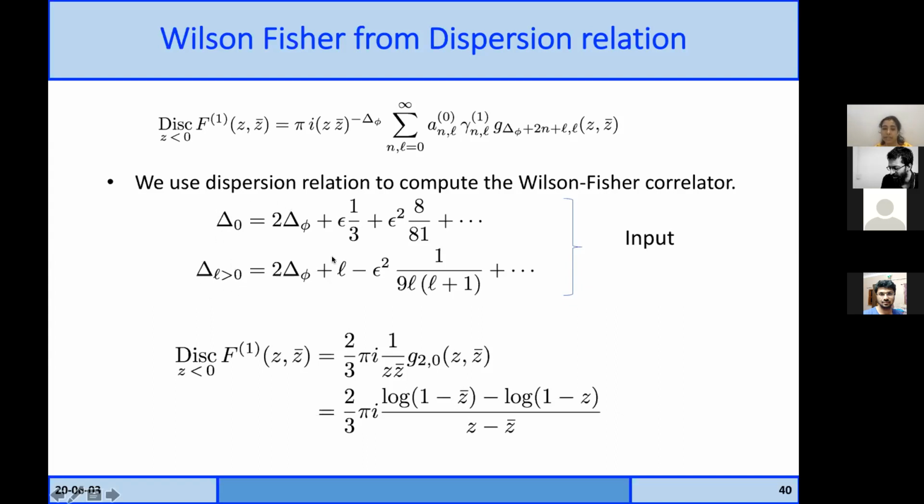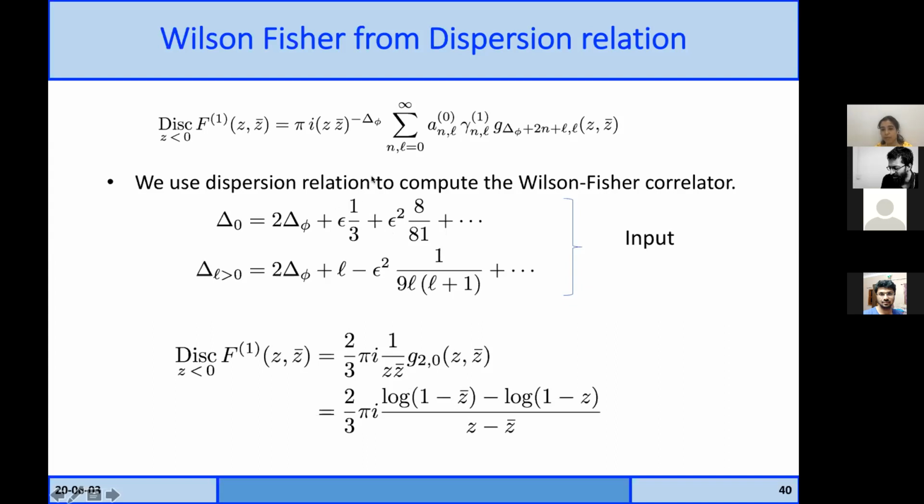Now if you look into these two dimensions, you will see that at order epsilon, only this scalar operator receives a correction. The highest spin operator receives a correction at order epsilon square. So at first order, the correlation function is extremely simple, and it's given only in terms of this spectrum.